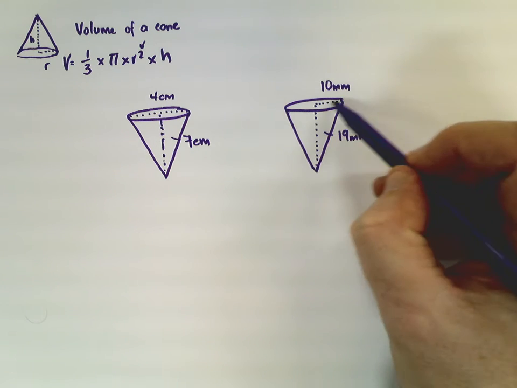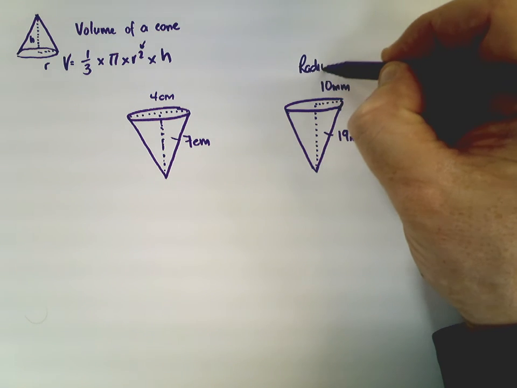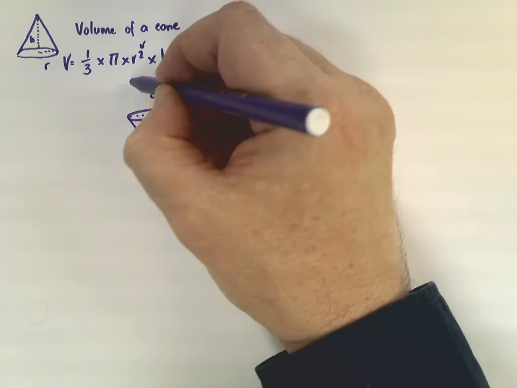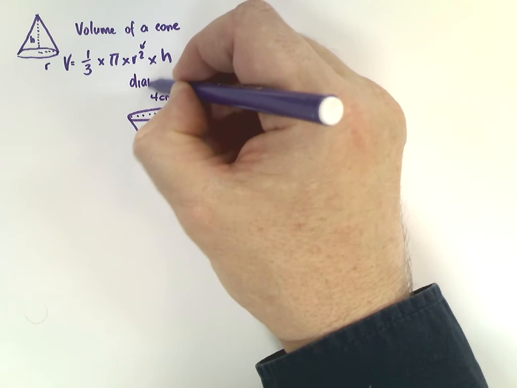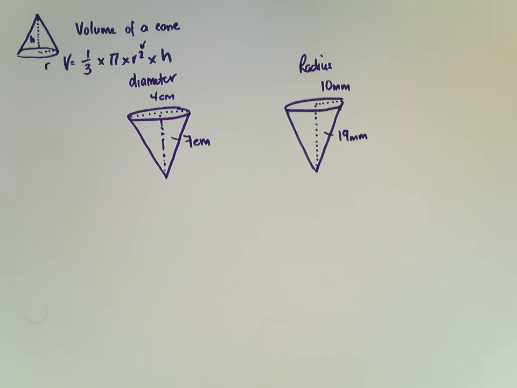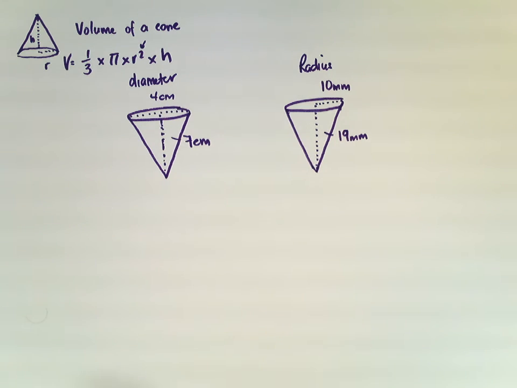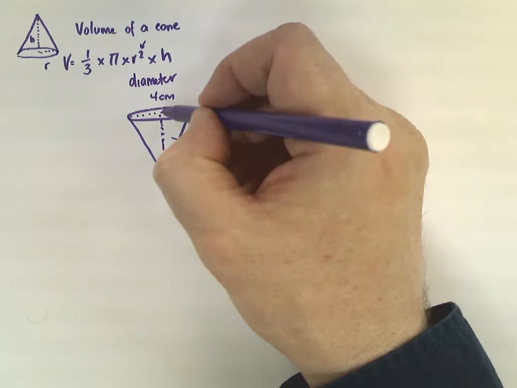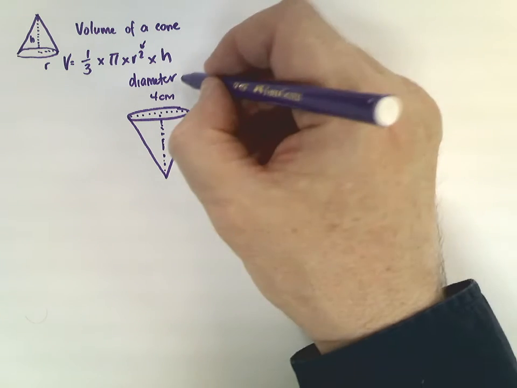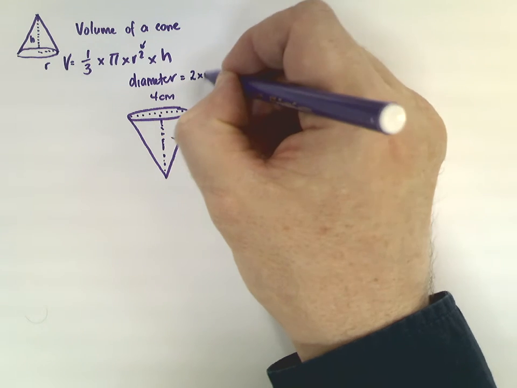Well, if we look at the length of the line, this one has a radius, whereas our other problem, yep, hopefully you're saying along with me, has a diameter. And I told you last lesson when we were looking at cylinders that maths teachers love to put in this kind of trickiness here. Absolutely love it. So what we need to do is remember that diameter is 2 radii or 2 radiuses.